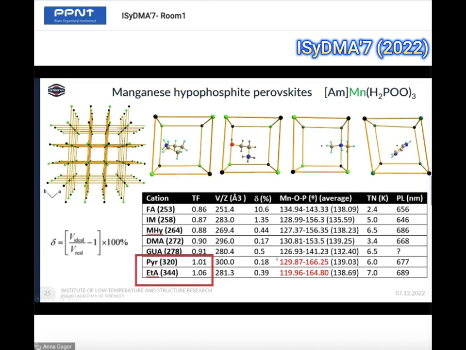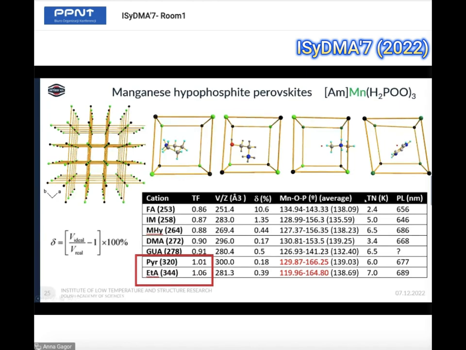So this hypophosphate ligand may stretch, may change the type of the bonding from anti-anti to some anti-syn and so on and so forth. So it is possible to introduce larger amines to hypophosphates than to formates.